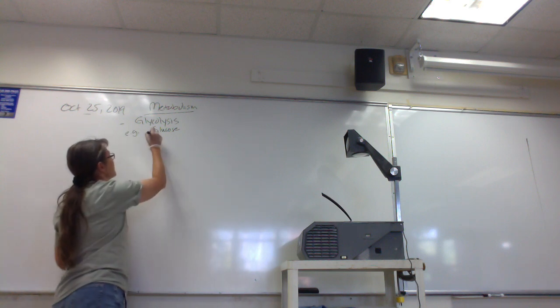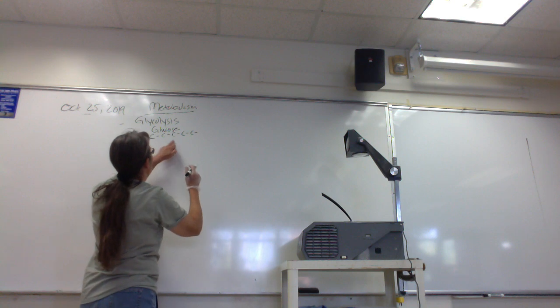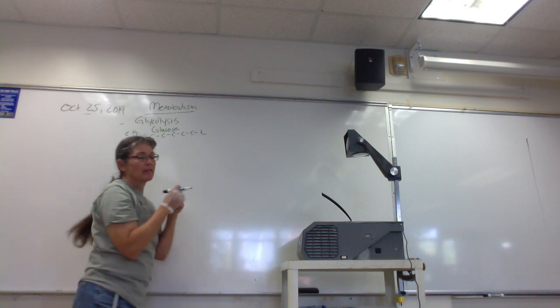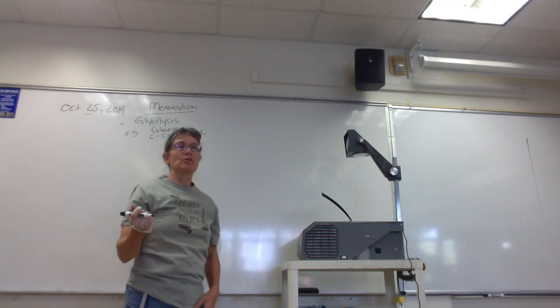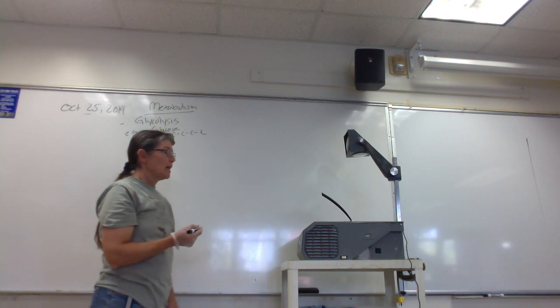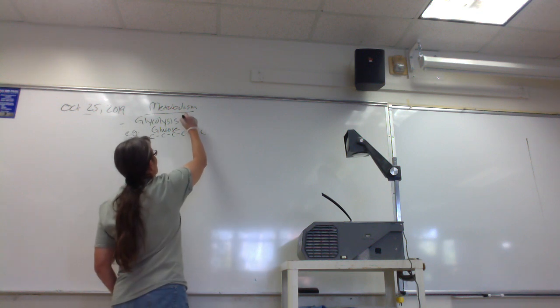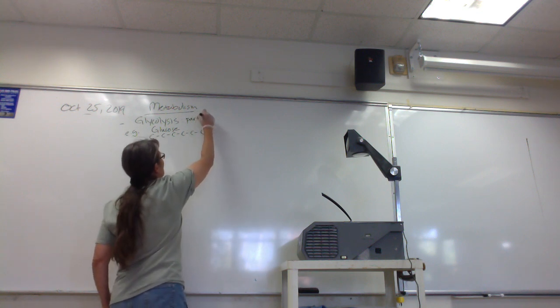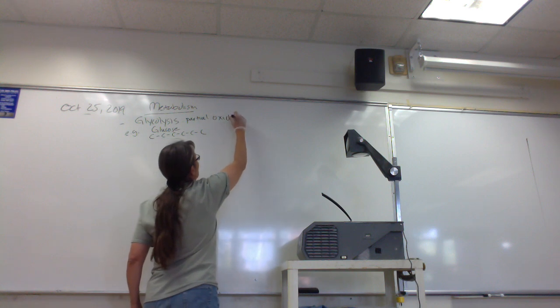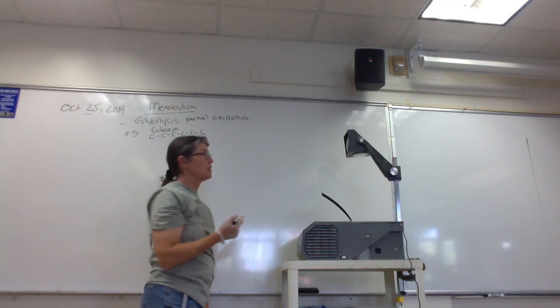And glucose is 6 carbons. So we'll see one of the events in glycolysis is the 6 carbon glucose will be broken down into 2 3 carbon end products called pyruvate. And in addition, we're going to have a partial oxidation of glucose, meaning we're just going to pull off some of the high energy electrons, not all.